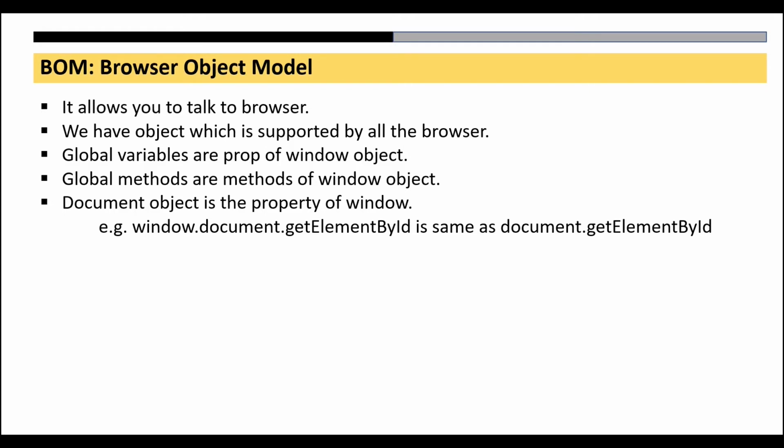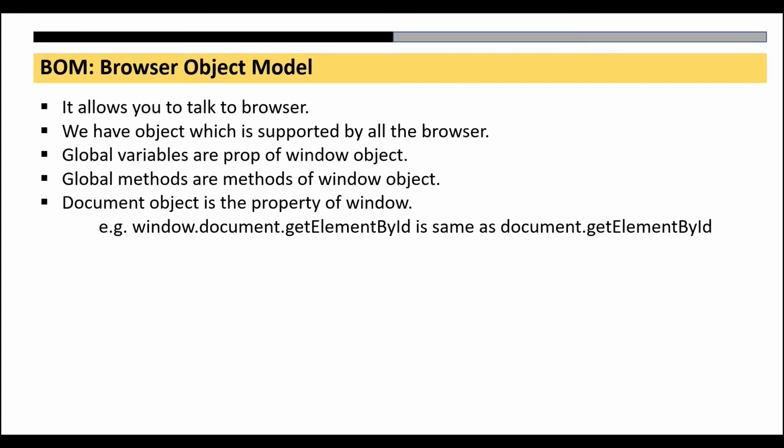For example, if I want to see the version of the browser, you can go to settings and check the version. At the same time, through JavaScript, I can see the version of my browser through this BOM. So this is how we can use BOM. There are predefined objects which allow us to see information about users' browsers, and those objects have further properties and methods that we can use.